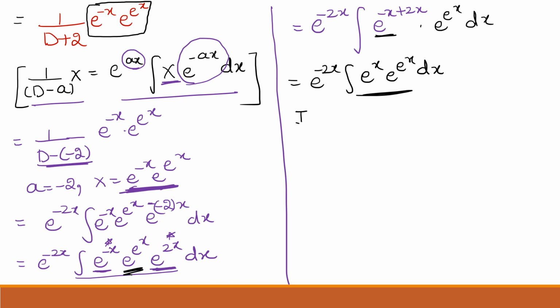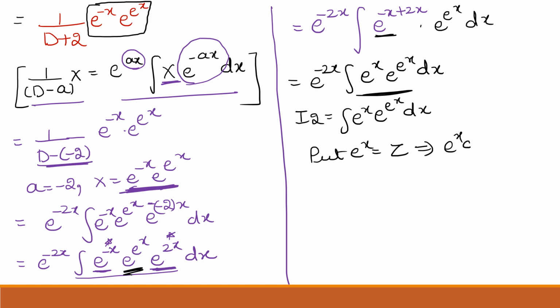Let's say this is I2. So I2 is e power x, e power x dx. Now again put e power x equals z. After differentiating on both sides with respect to x, e power x dx will be dz.